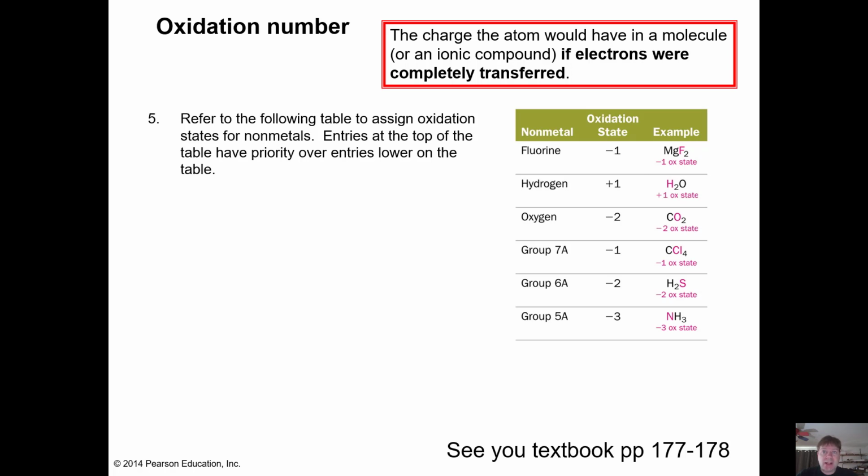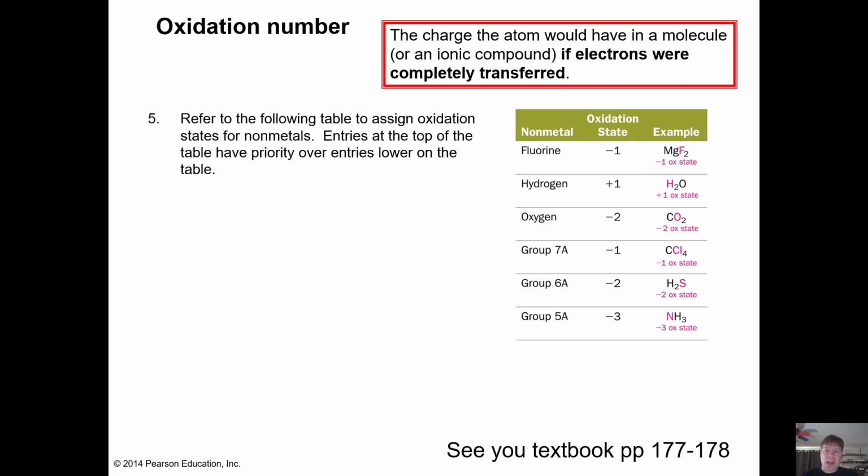Fluorine has the highest priority. Fluorine is always a -1. Hydrogen is almost always a +1. What is the exception? If it's with fluorine. So fluorine has a higher priority than hydrogen. Hydrogen has a higher priority than oxygen. So if oxygen is with hydrogen or fluorine, it won't necessarily be a -2. And then we work down the list.